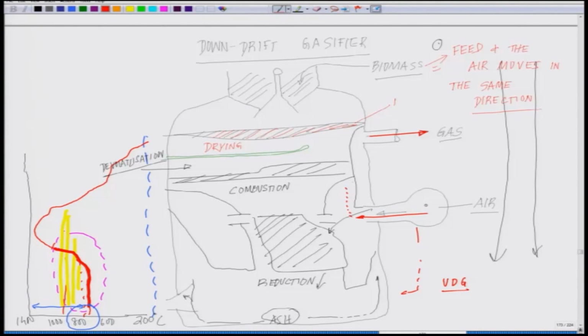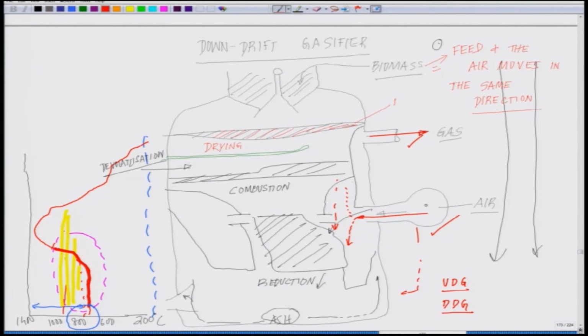And if the air is moving in this direction along with the movement of the feed, then we call it downdraft gasifier. But here the gas emission and the air are at different levels.